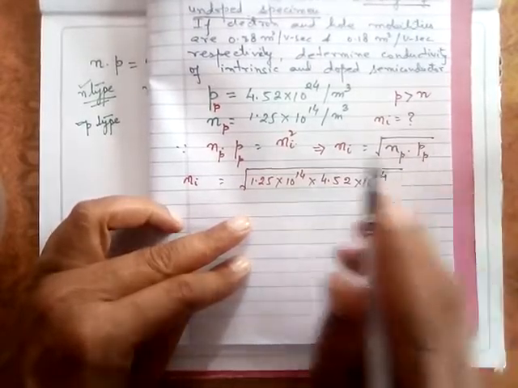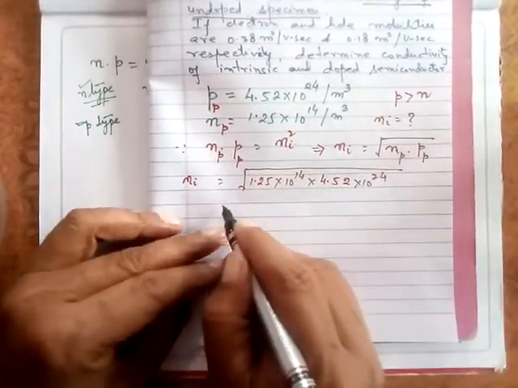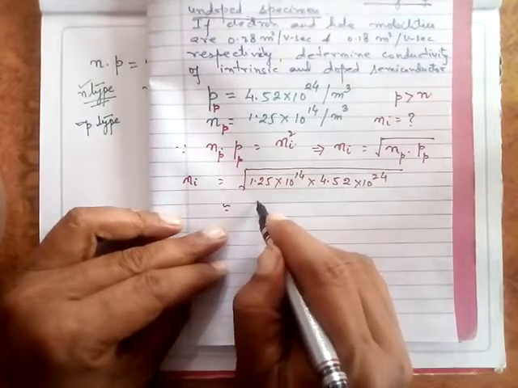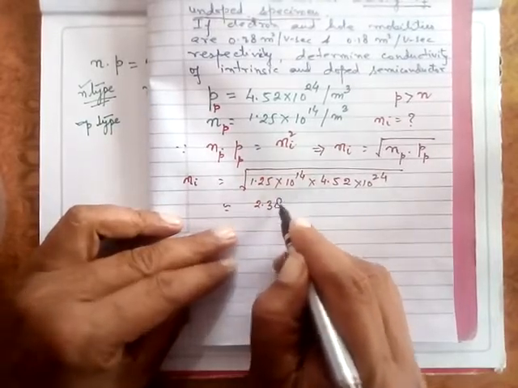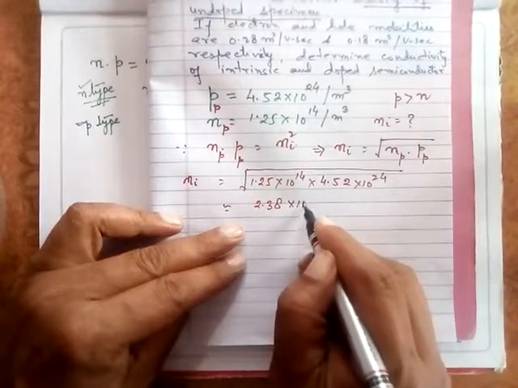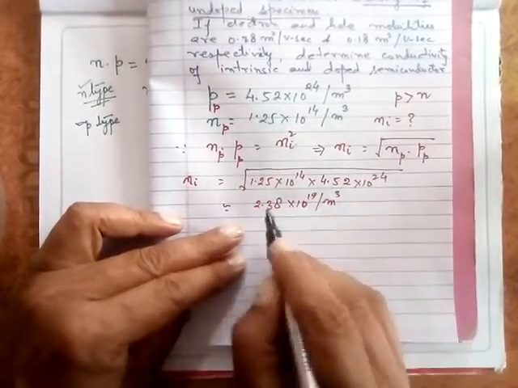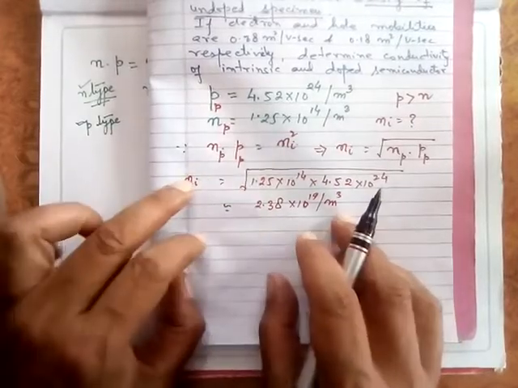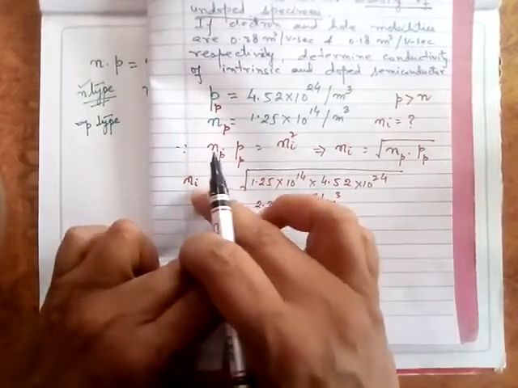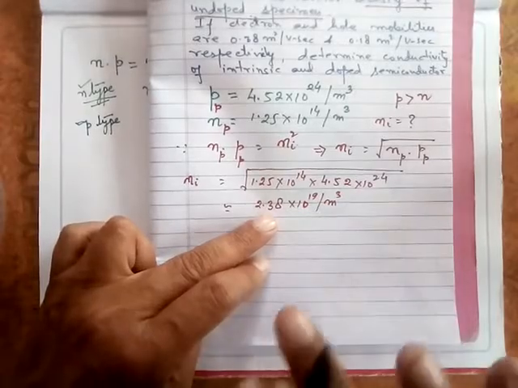If you solve this, it is approximately equal to 2.38 into 10 to the power 19 per meter cube. That is, these are the number of electrons or holes, which are equal in an intrinsic semiconductor, when it was initially an intrinsic one.